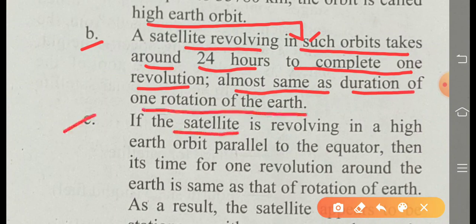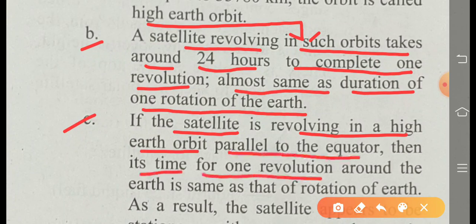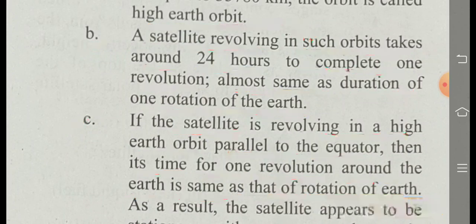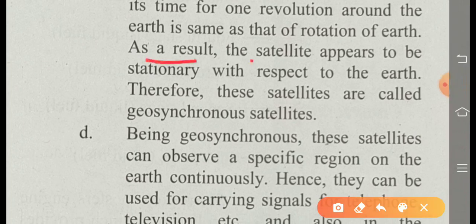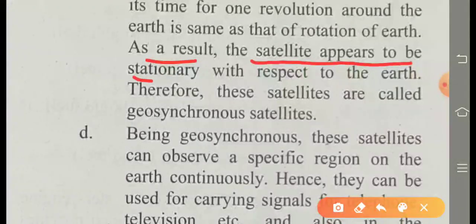Third point is given. If the satellite is revolving in a high Earth orbit parallel to the equator, then its time for one revolution around the Earth is the same as that of the rotation of the Earth.